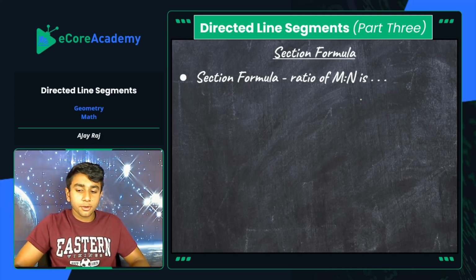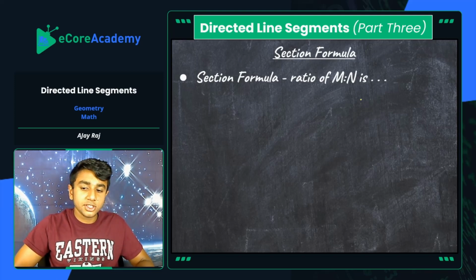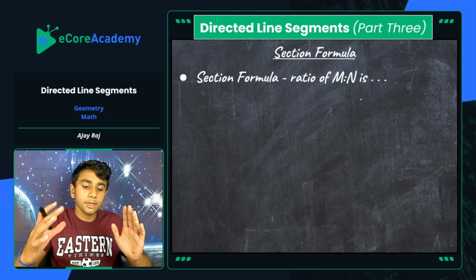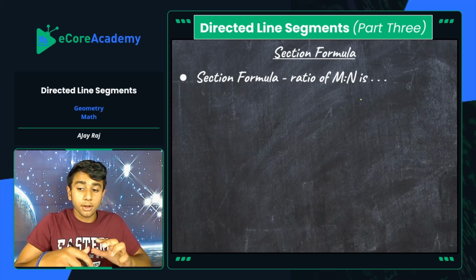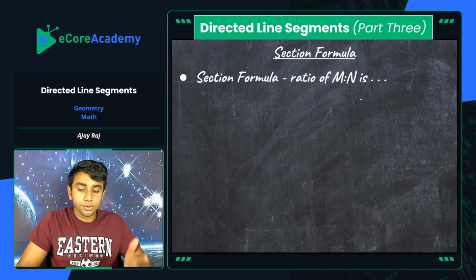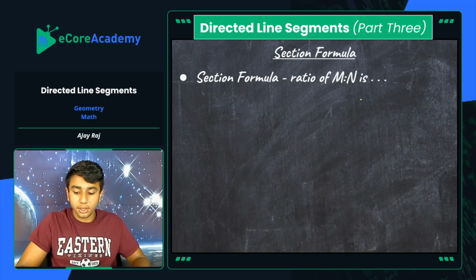So the section formula states that if you're given a directed line segment and you're trying to split that line segment into a ratio of m to n, meaning one value to another value, the equation in which you're going to plug those ratio values into would be this section formula given here.